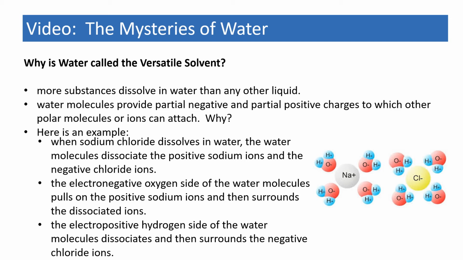The electronegative oxygen side of the water molecules pulls on the positive sodium ions and then surrounds the dissociated ions. The electropositive hydrogen side of the water molecules dissociates and then surrounds the negative chloride ions.